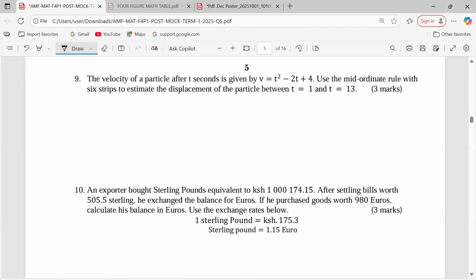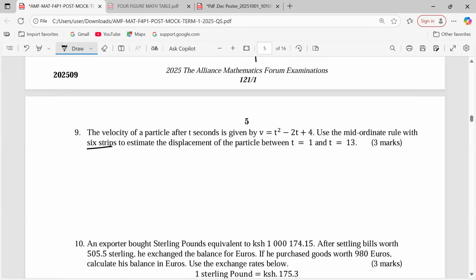Use the mid-ordinate rule with 6 strips to estimate the displacement of the particle between t equals 1 and t equals 13. Now, in case we use intervals of 1, we shall obtain 12 strips between 1 and 13. But now we want the strips to be only 6. So we shall use intervals of 2.